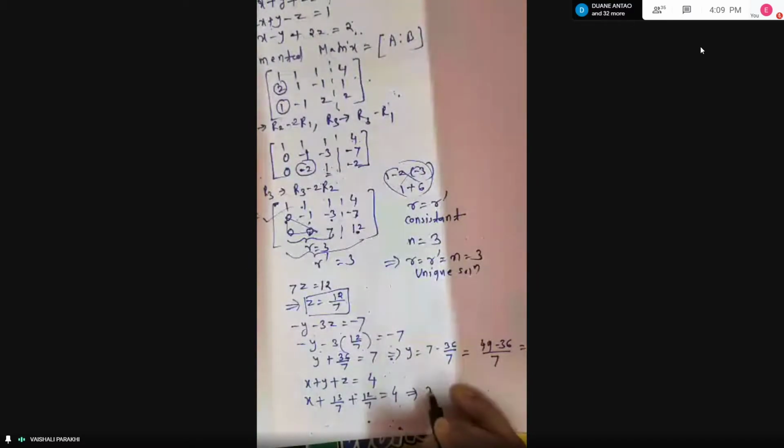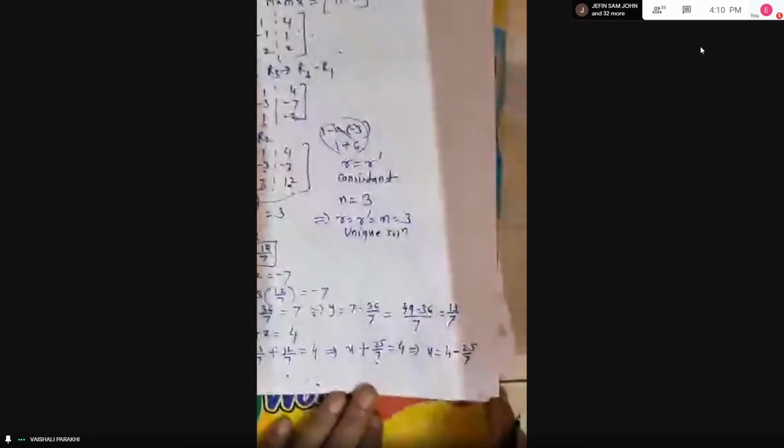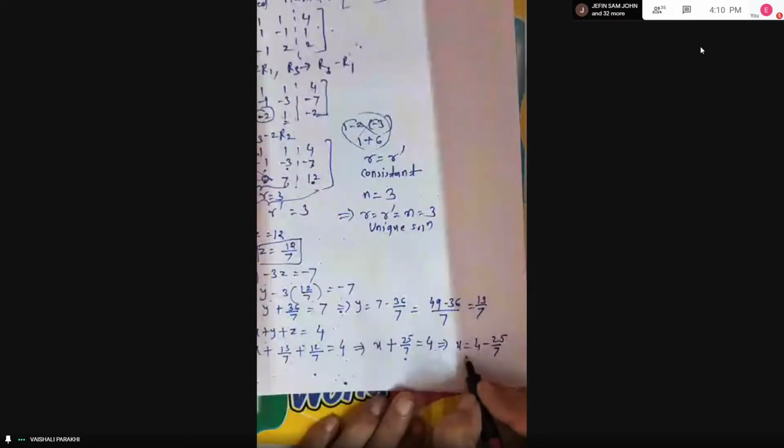Correct? So it is x plus 25 by 7 is equal to 4. This implies x is equal to 4 minus 25 by 7. Correct, no? So this is 28 minus 25, 3 by 7.